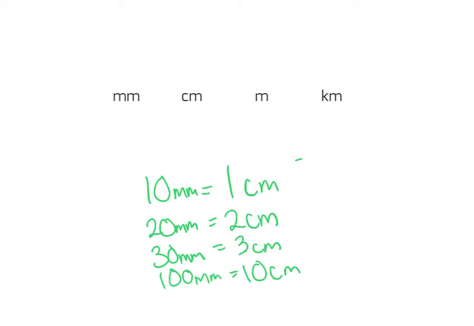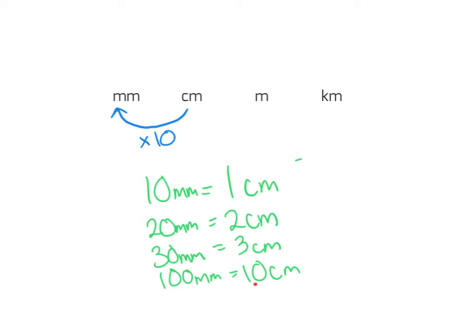So the rule here that I'm getting at is to go from centimeters to millimeters, I'm multiplying by 10. Because if I have 1 centimeter, 1 times 10 is 10. If I have 2 centimeters, 2 times 10 is 20. If I have 3 centimeters, 3 times 10 is 30.